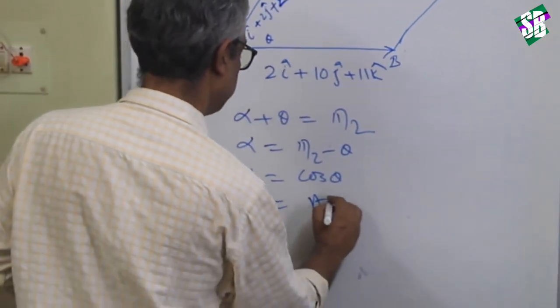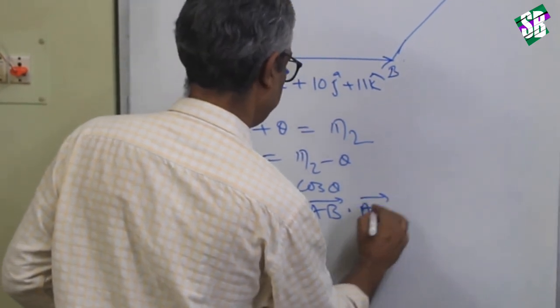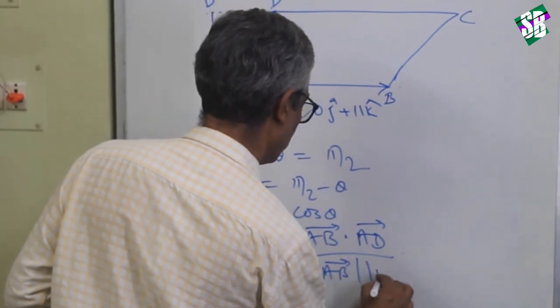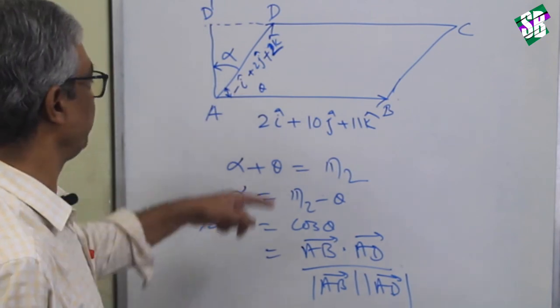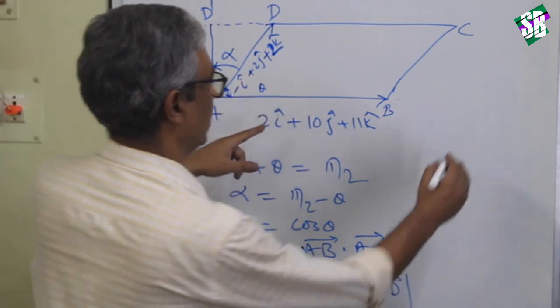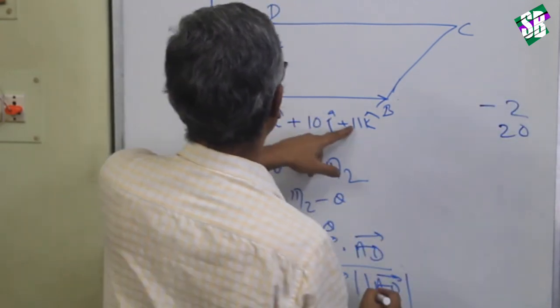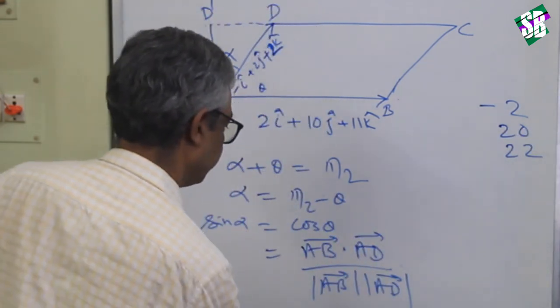Cos theta is AB vector dot AD vector by mod AB vector mod AD vector. But what is AB vector dot AD vector? Minus 2 plus 20 plus 22. So this is 40.